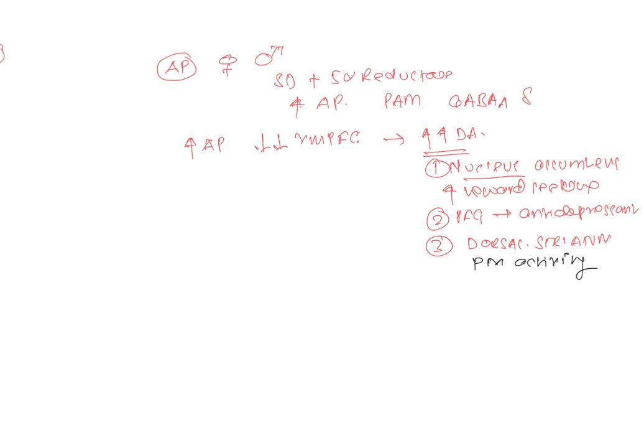So allopregnanolone increases dopamine. When it's increased in the nucleus accumbens, reward seeking behavior; increase in the prefrontal cortex, the antidepressant effect or the euphoric effect; an increase in the dorsal striatum leads to increased psychomotor activity.